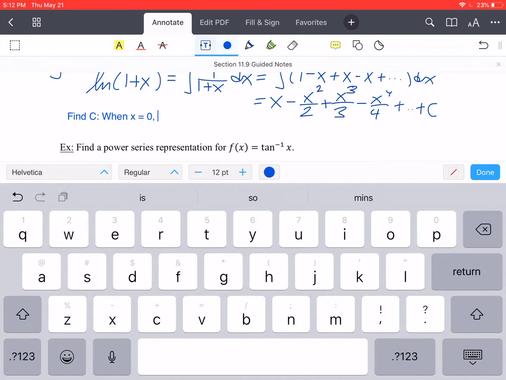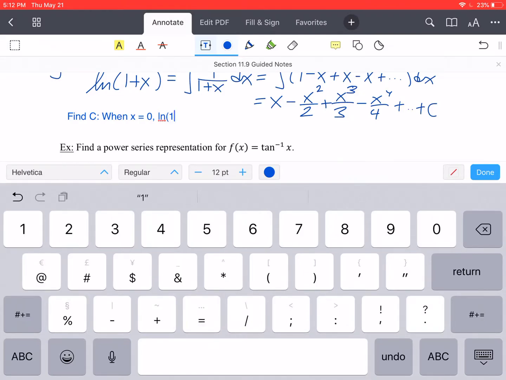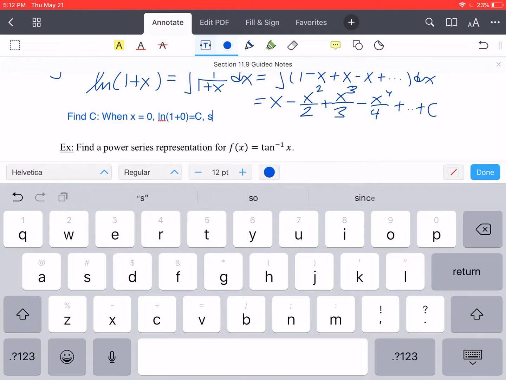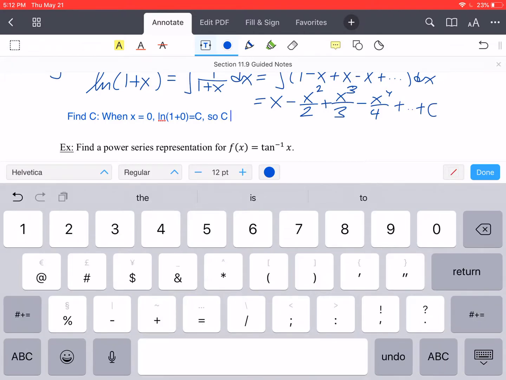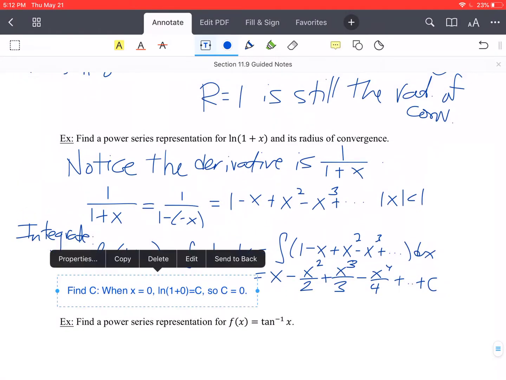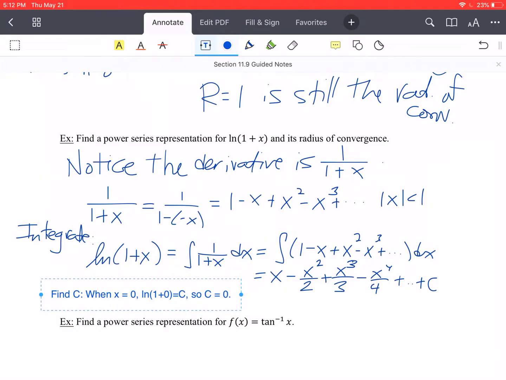We have ln of 1 plus 0, which is just ln of 1, equals c. So c equals 0. Okay, so that's pretty useful, just to get c taken care of and out of the way.